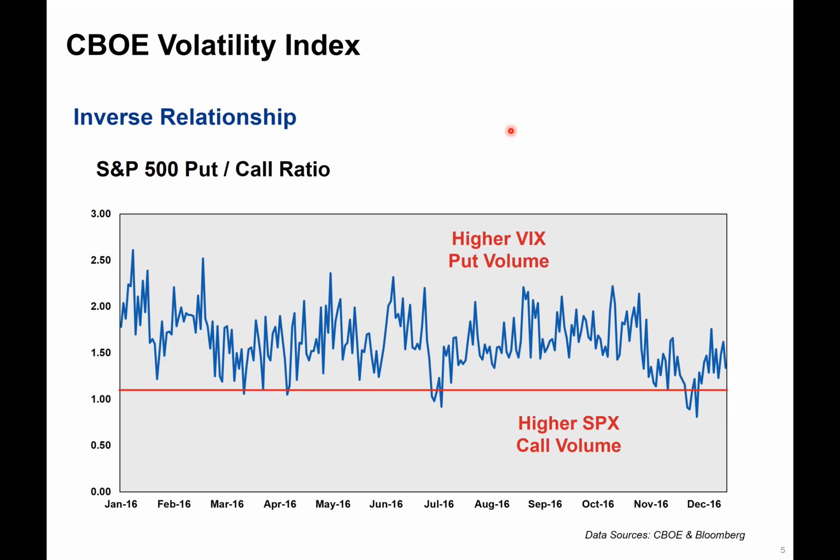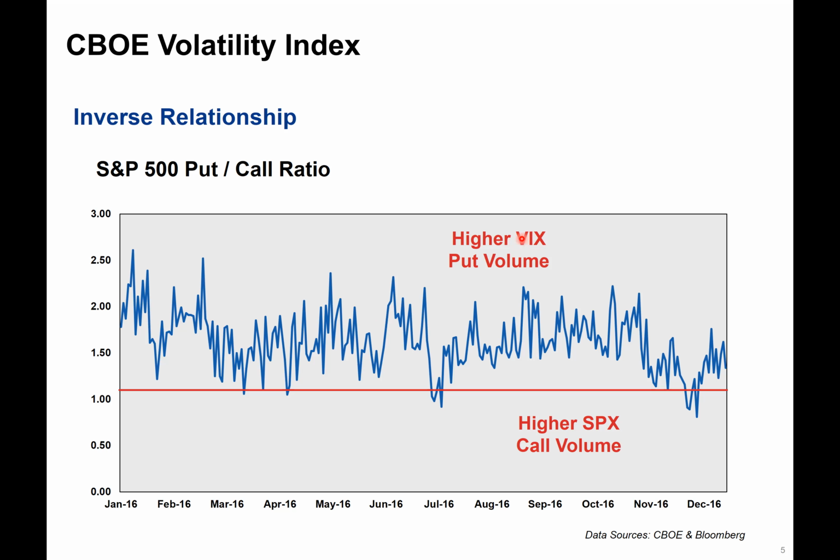And the activity, right, if this blue line is right where I've got the red pointer right now, that means that twice as much put volume happened in SPX than call volume.